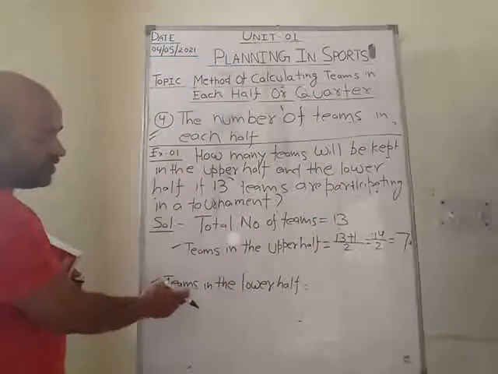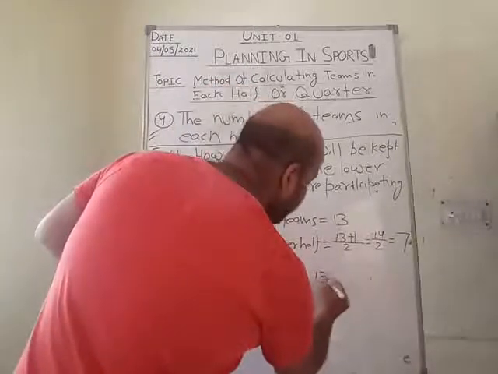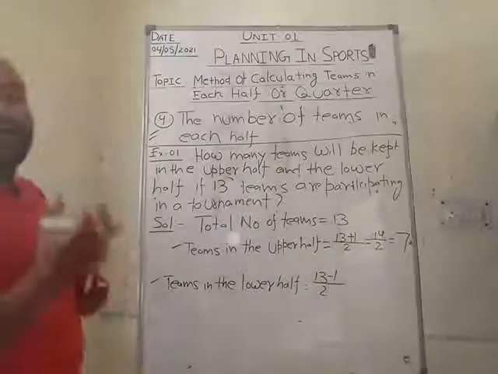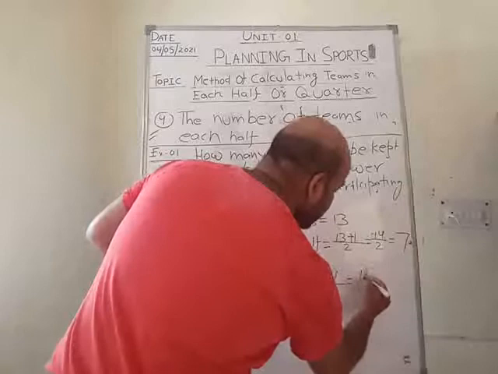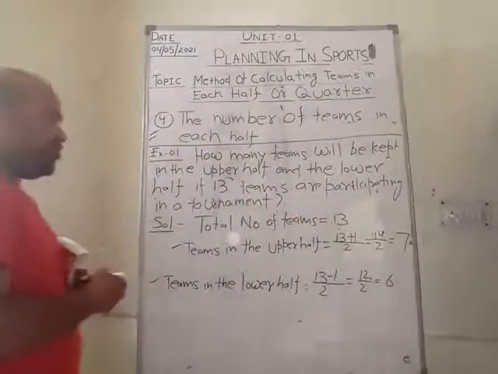In the lower half, teams in the lower half equal N minus 1 upon 2, equal to 12 upon 2, equal to 6 teams in the lower half.